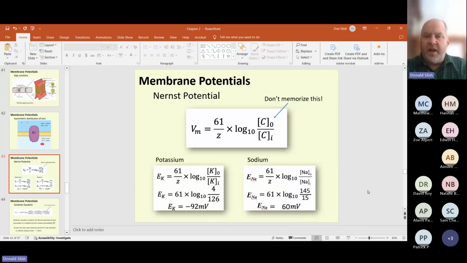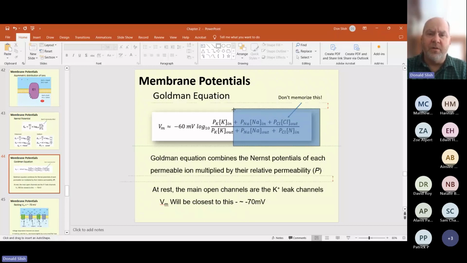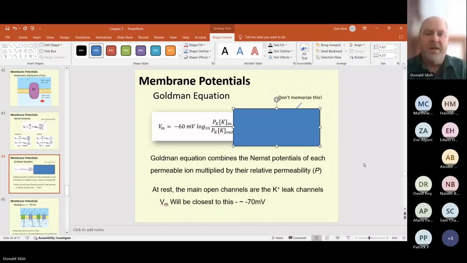But as you know, in cells, we don't have just one ion. We've got multiple ions going at the same time. And that's where we get our Goldman equation. If you look at this Goldman equation and you black out that much of it, it's basically the Nernst equation for potassium.